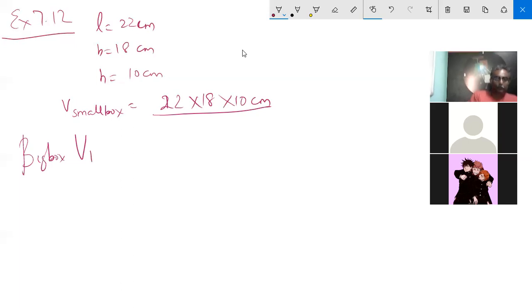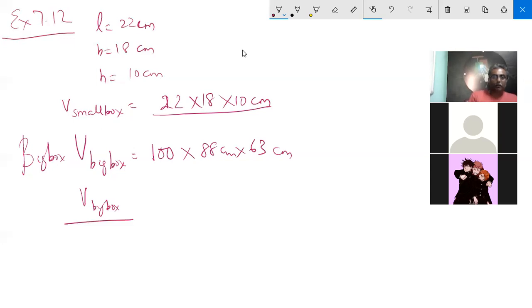Volume of the big box is equal to 1 meter into 88 centimeters into 63 centimeters. 1 meter means 100 centimeters. Very simple. You divide the volume of the big box by the volume of one small box. You will get the number of small boxes.